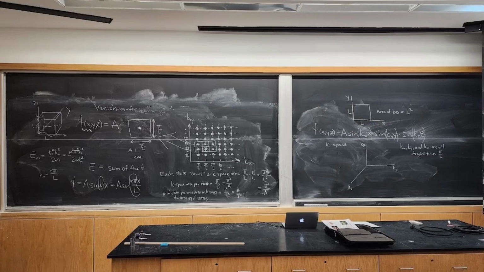It'll be L squared over pi squared. Or in other words, A over pi squared. I'm thinking ahead there to 3 dimensions. Number of states per unit area in K space is A over pi squared.